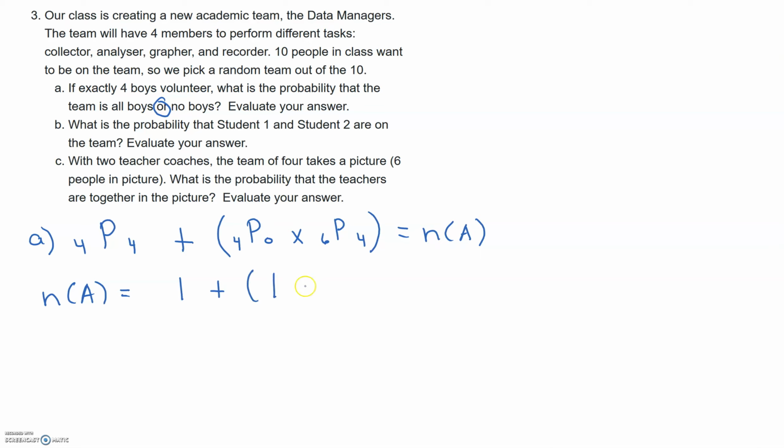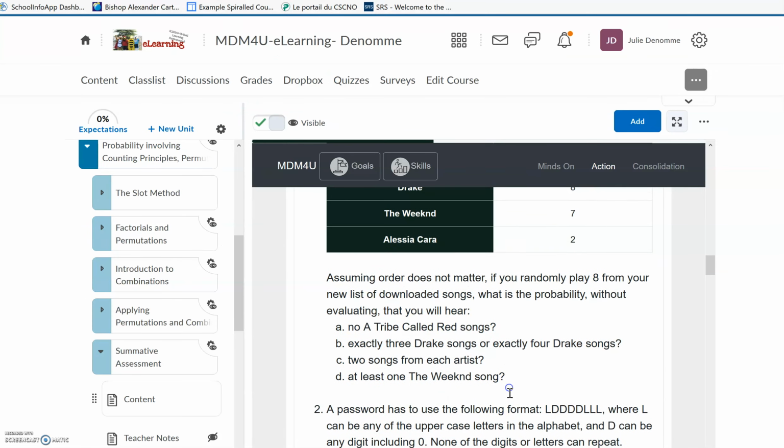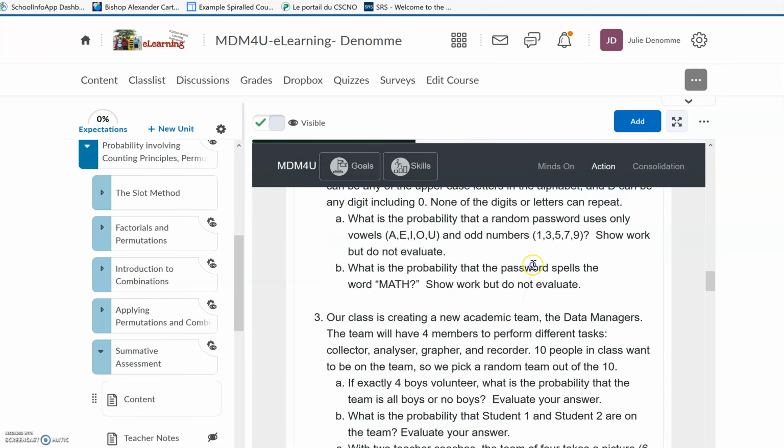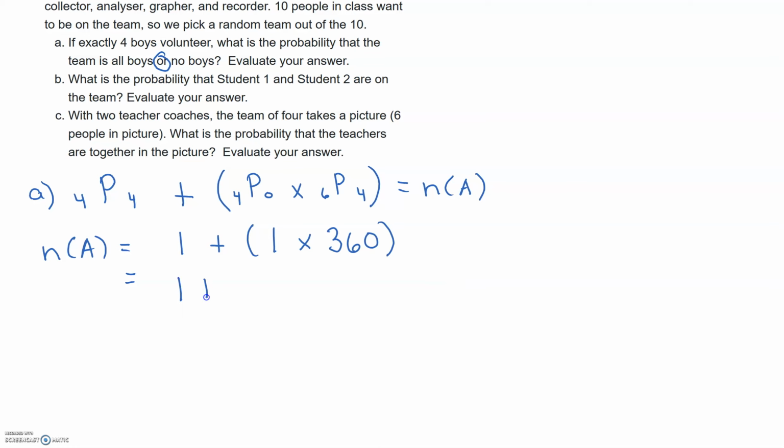Okay, so it is still 1, and 1 times 6 pick 4 is equal to 360. Let's just read the actual question here. Yeah, full solutions. Okay, so we're going to do 1 plus 360, which gives us 361.